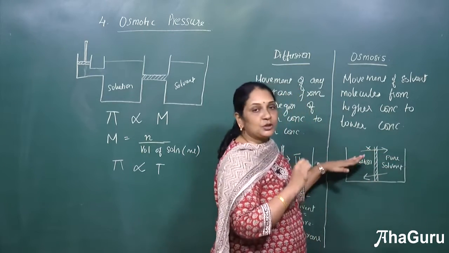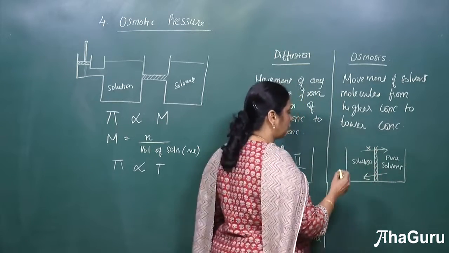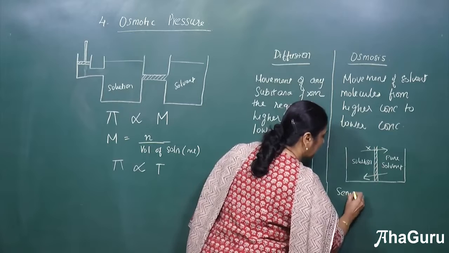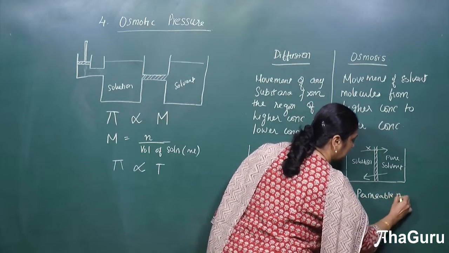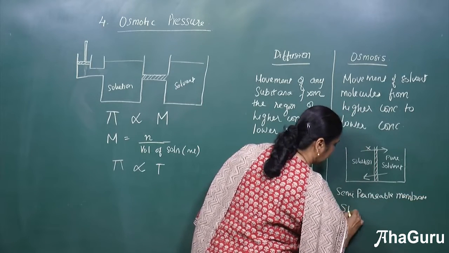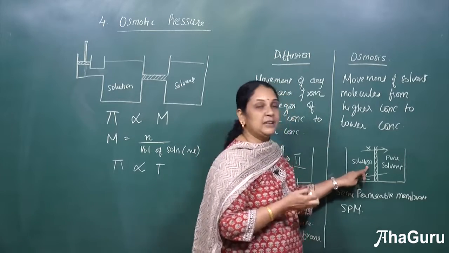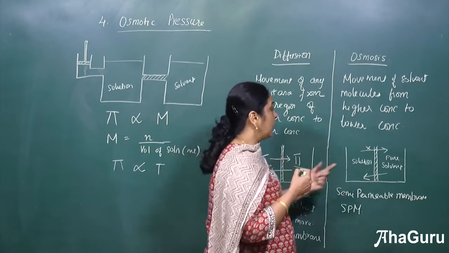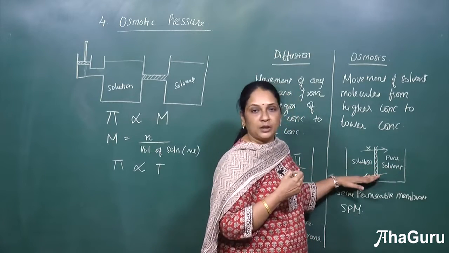That is called osmosis, where we use a membrane called a semi-permeable membrane, always denoted as SPM. In a semi-permeable membrane, the pores are very, very small, so the solute particles cannot move and only the solvent molecules can move.